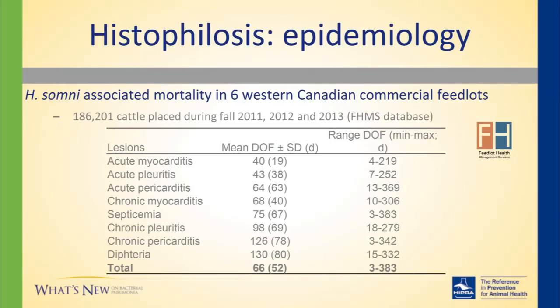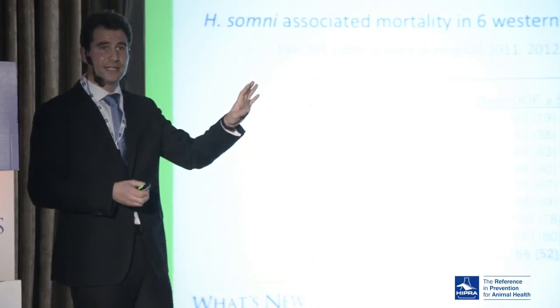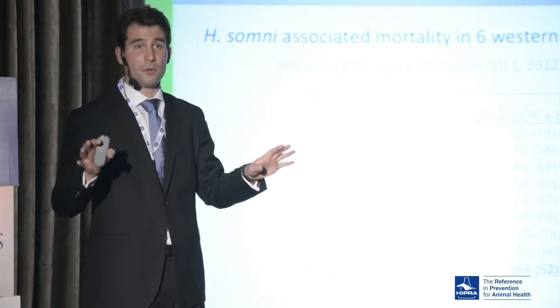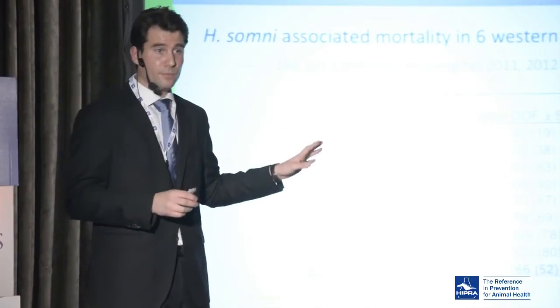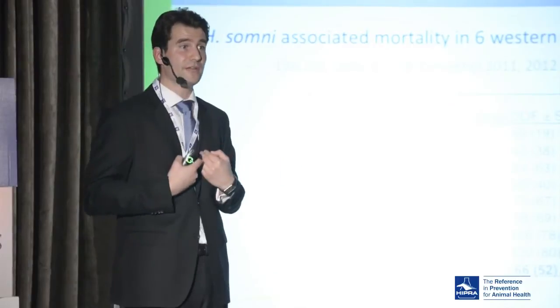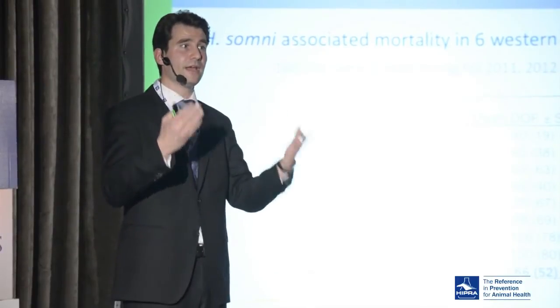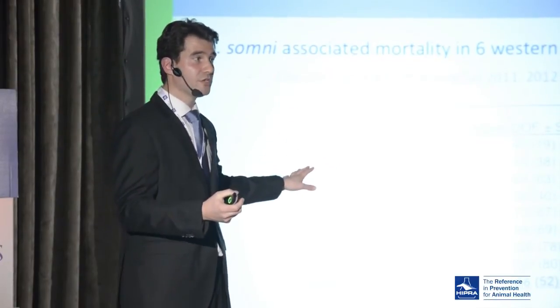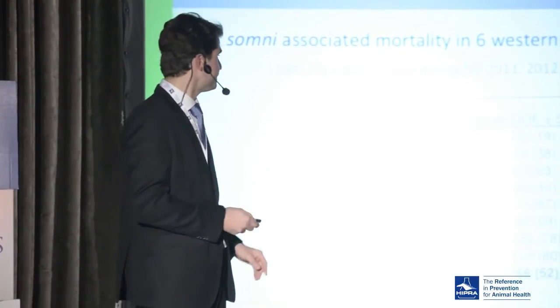DOF is days on feed, just to show you that H. somni mortality actually occurs mainly after 5 or 6 weeks on feed, with the mean at 66 days on feed. So H. somni mortality is not concomitant with the BRD complex per se. Some authors actually reported that cattle first developed a BRD, and then H. somni will create the septicemic form, leading to those fatal lesions that we do observe at necropsy.